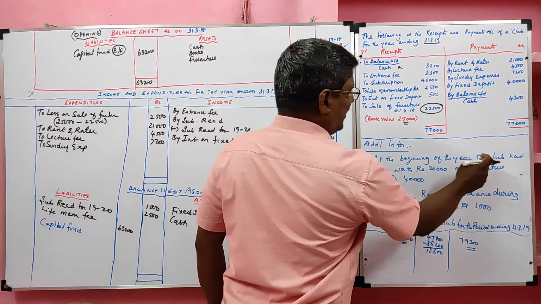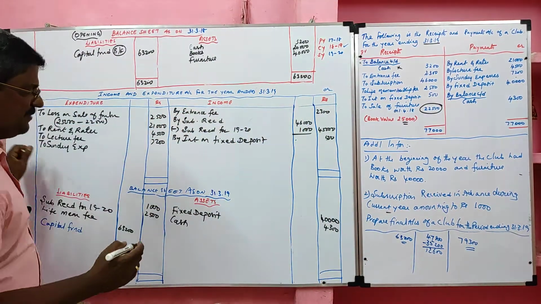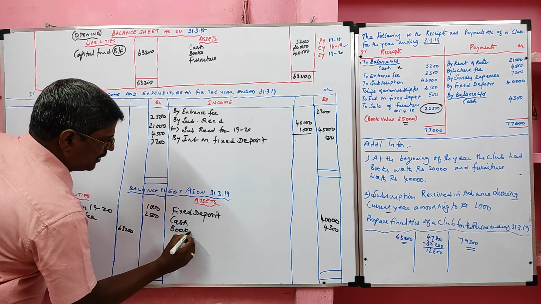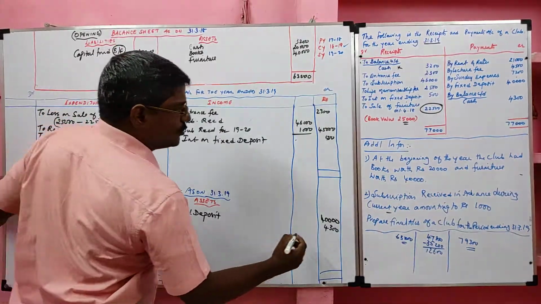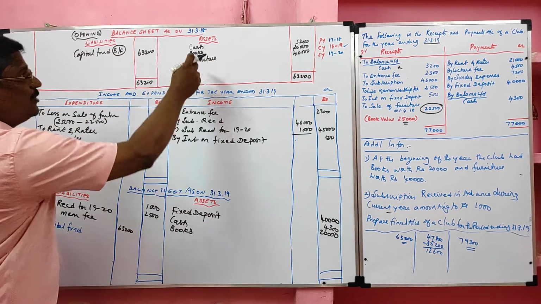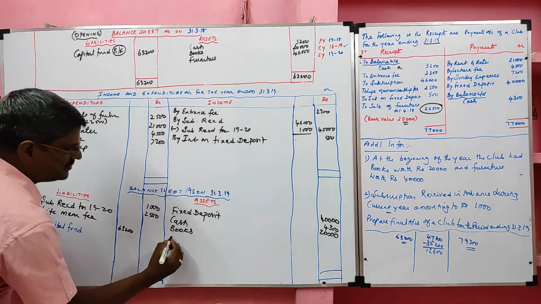At the beginning of the year, the club had books worth. So opening balance of books goes to the closing balance sheet also. Books value 20,000, because not yet sold. Then furniture, the opening balance of furniture goes to the closing balance sheet.